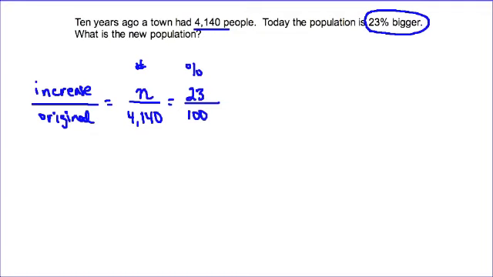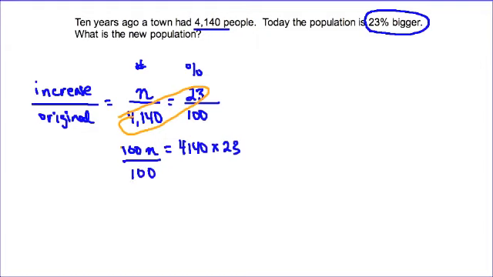I will use cross products because I don't see any other patterns to solve this. So I have 100n is equal to 4,140 times 23. I'll divide both sides by 100.